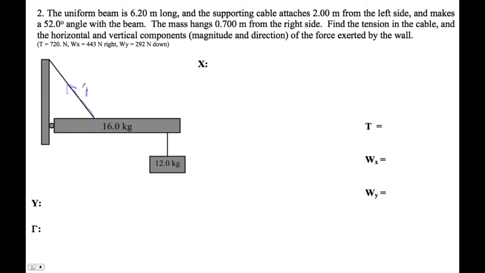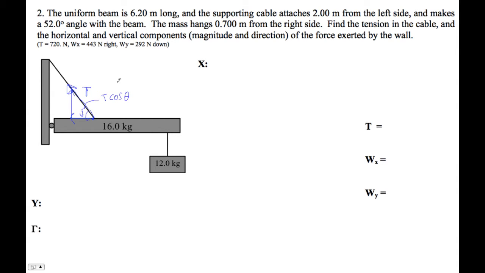So I'll call that T, right? And of course T has a mighty component here and a mighty component there, right? Okay, so that component there is T cos theta, right?